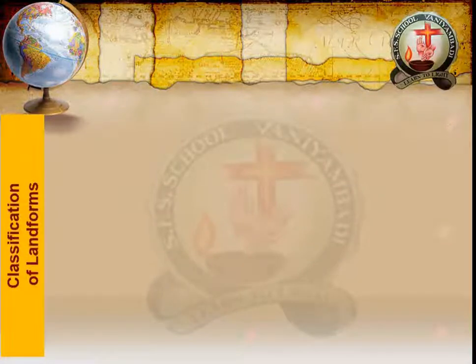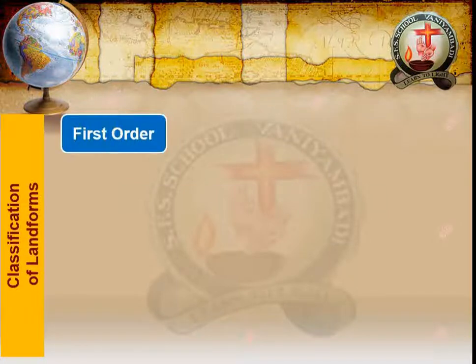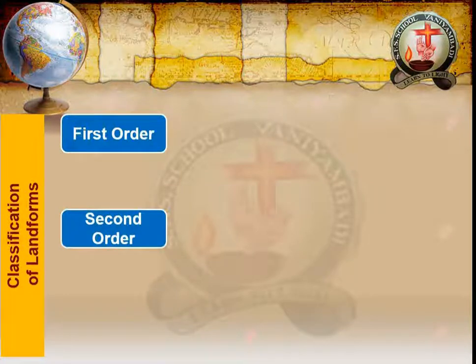Classification of landforms. As I said, the lands are classified into 3 types. The first one is first order, the second one is second order, and the third one is third order.